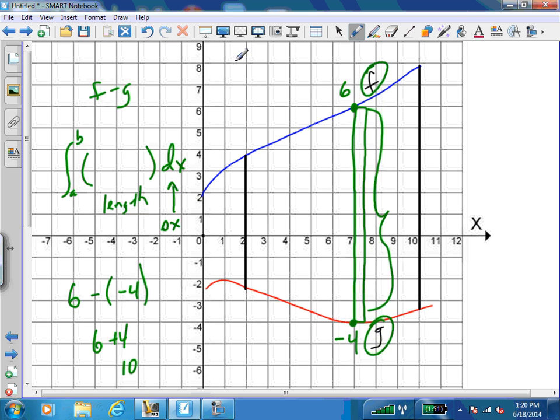When we do f minus g, that's finding the distance from f to g. It doesn't matter if f is positive, g is negative, f is negative, g is negative, it doesn't matter. Anytime you take two values and subtract them, it's finding the distance between them, as long as you take the larger minus the smaller.